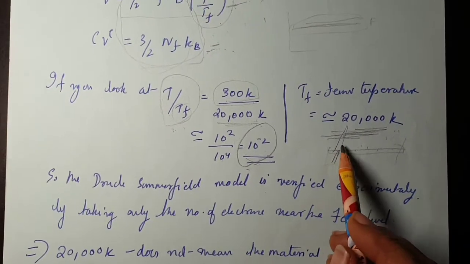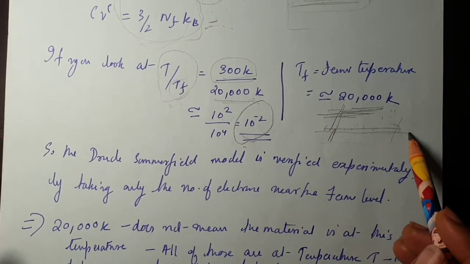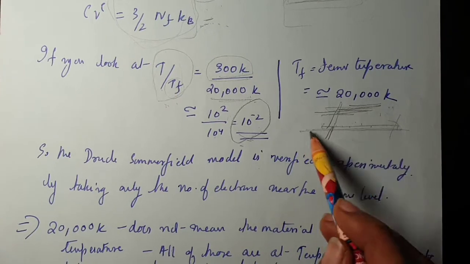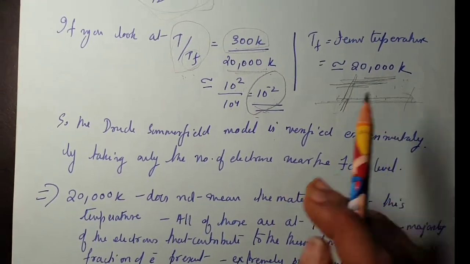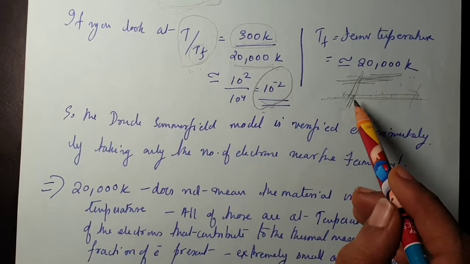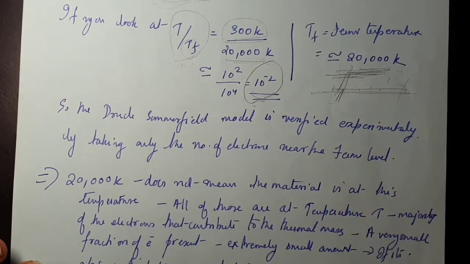On average the system is at 0 Kelvin, or at room temperature, but there are certain electrons with very high energy that translates to this 20,000 Kelvin.